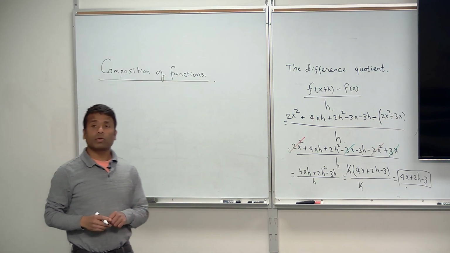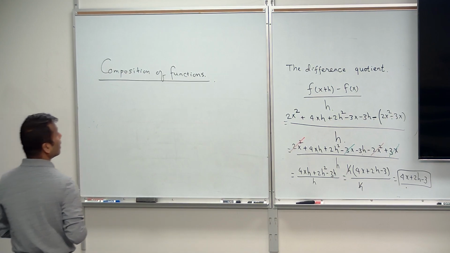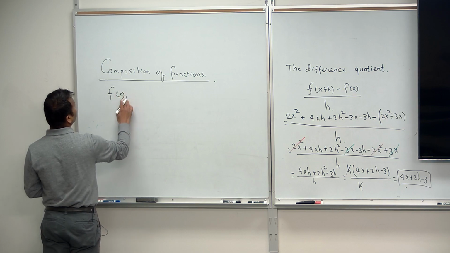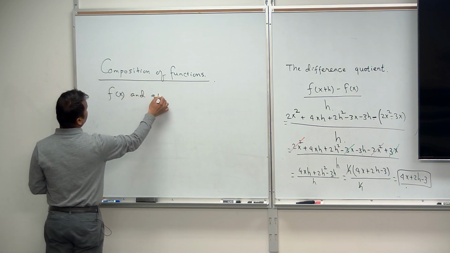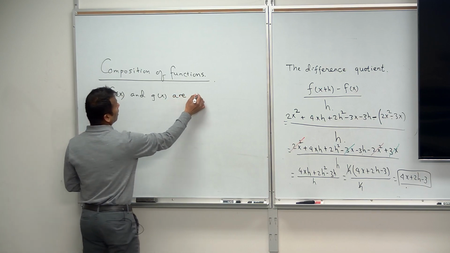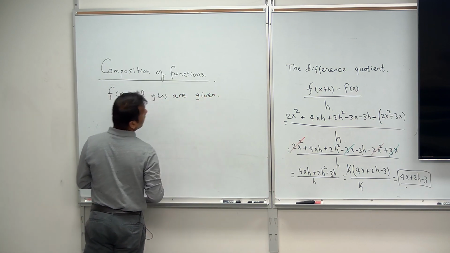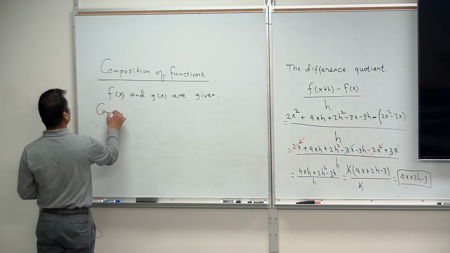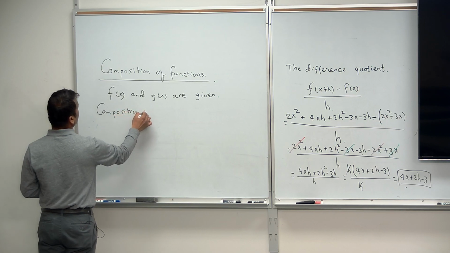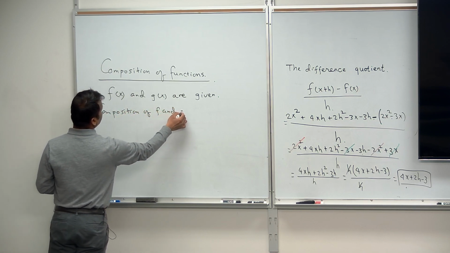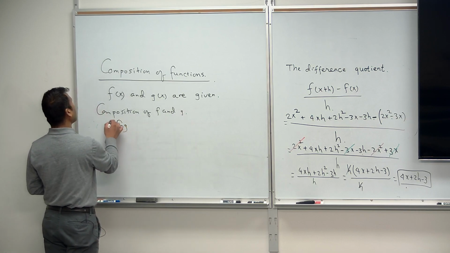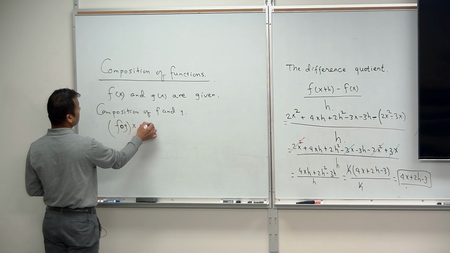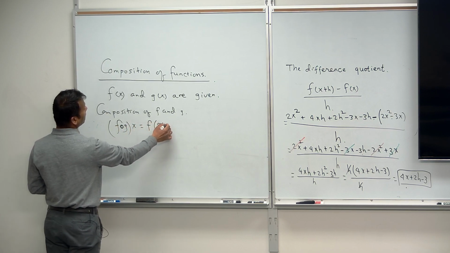So if you have two functions f and g, so let's say you have functions f(x) and g(x) given. If you want to find out the composition of f and g, the composition of f and g is defined as (f o g)(x), which is the same as what? f of g(x).